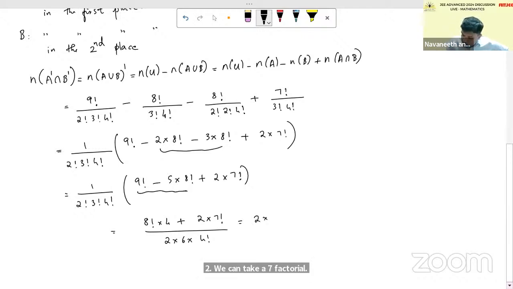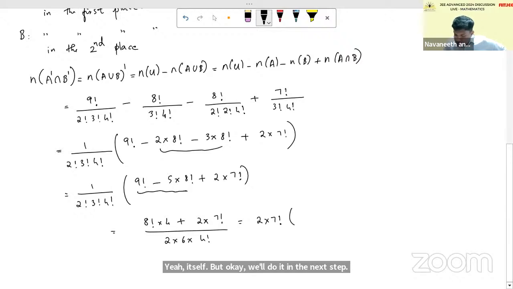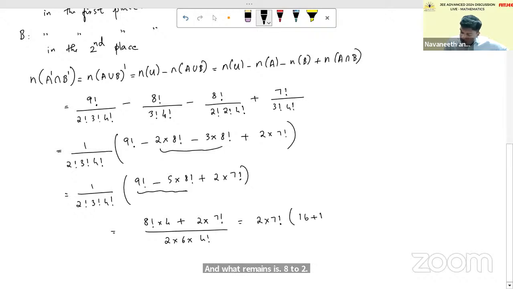In fact, 2 into 7 factorial can be taken common, and what remains is 8 into 2, that is 16 plus 1, divided by 2 into 6 into 4 factorial.